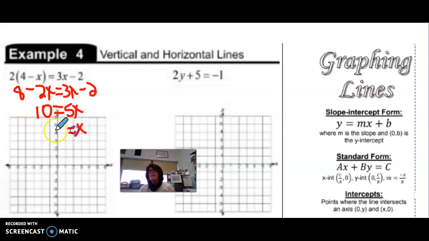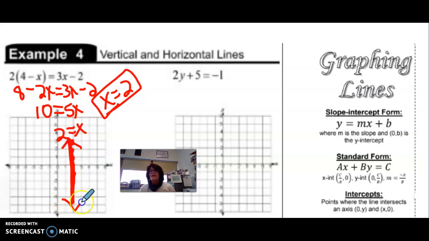I end up with x equals 2. Well, that doesn't look like any of the forms we've had. What this means is the x coordinate is always 2. 2, 0, 2, 1, 2, 2, 2, 3, 2, negative 1. You end up getting this vertical line. Okay? The slope of a vertical line, as we saw last time, is undefined.